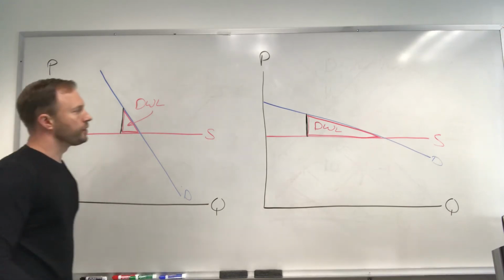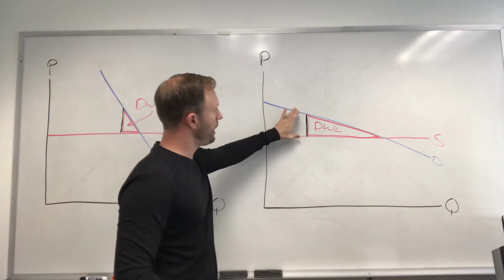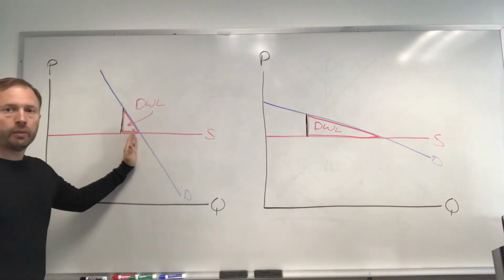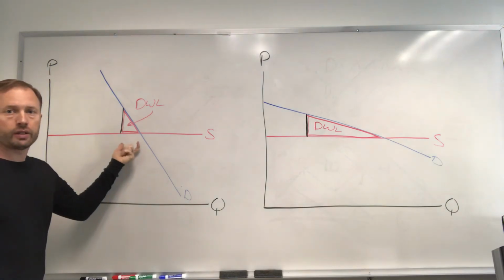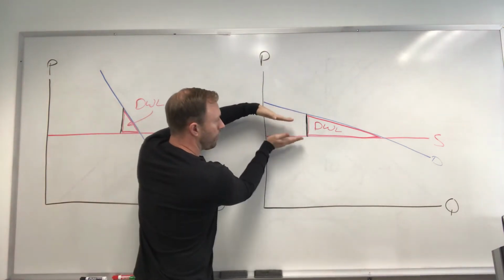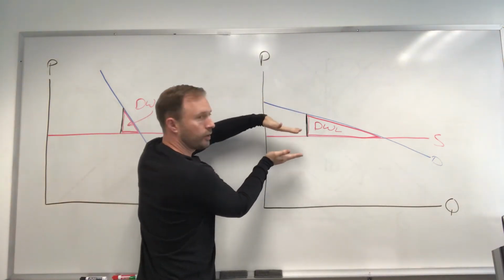Okay, and so you can think of this as, remember, the tax wedge, the closer you can get it to the old equilibrium, the less distortion there is in the market, the less deadweight loss there's going to be. Well, the flatter your demand curve and supply curve, the less distance there is between them.